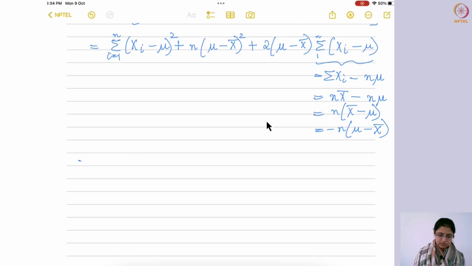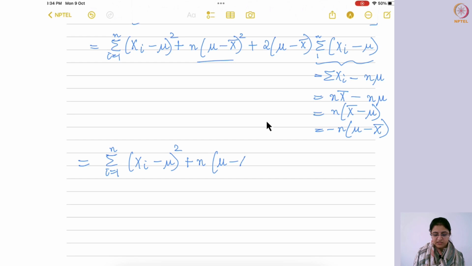Now, let us see what is the term that we have. Summation xi minus mu whole square, i goes from 1 to n. So here you have plus n times mu minus x bar whole square, and here it will be minus 2n times mu minus x bar whole square.